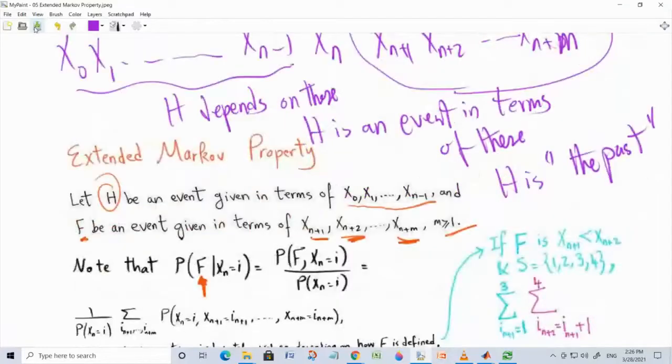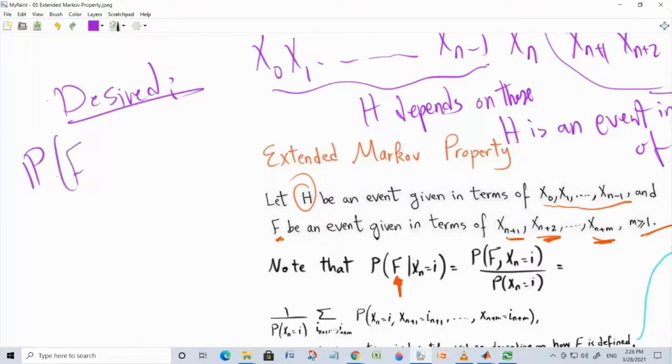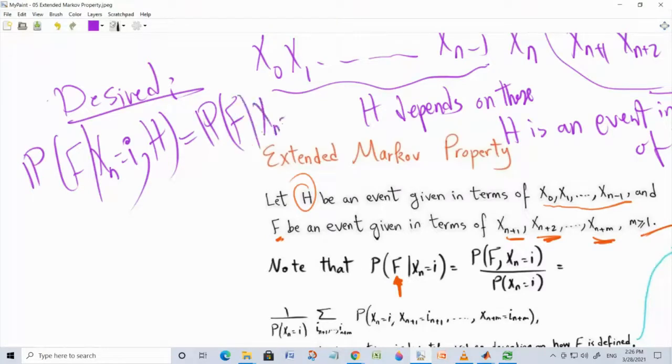So what is the idea? We want to be more general and not every time go back to the very original definition of the Markov property. What we desire to show is that the probability of F given x of n is equal to i and H is actually the probability of F given x of n is equal to i.